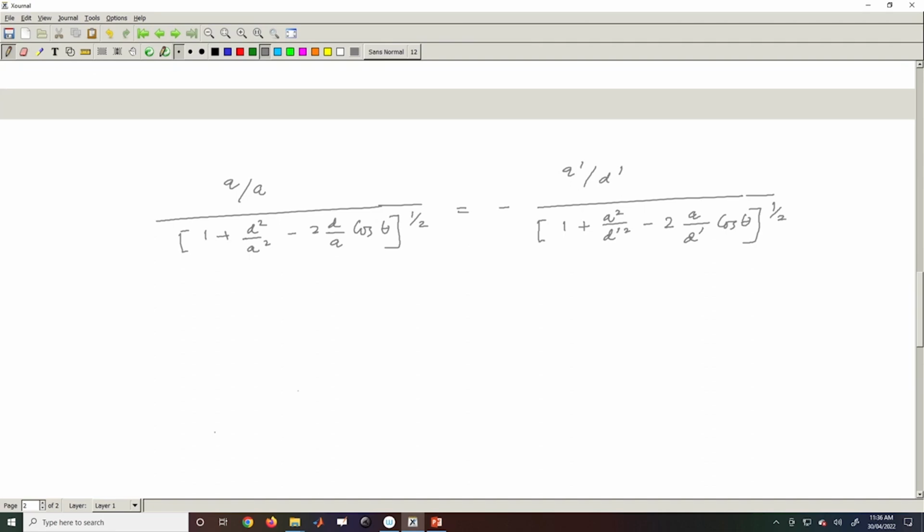As I mentioned, this equation should be valid for all theta values.